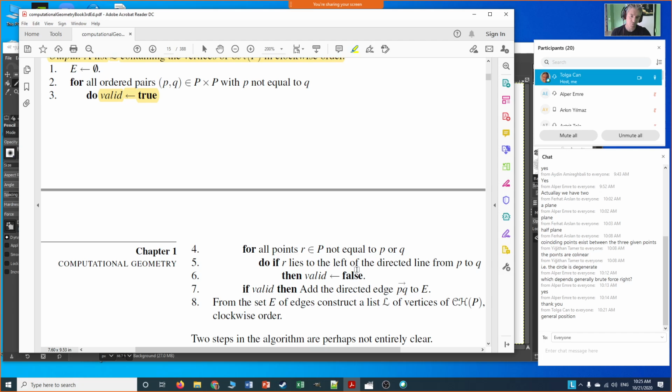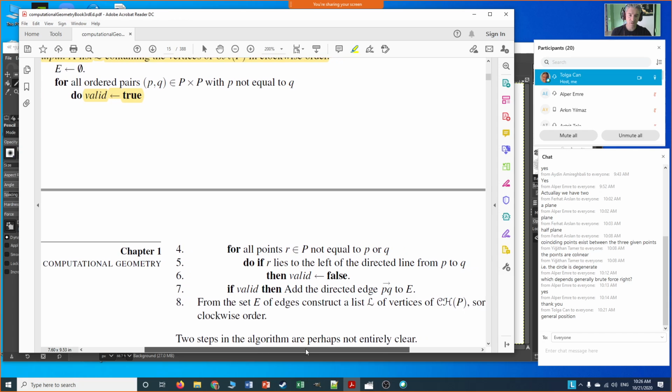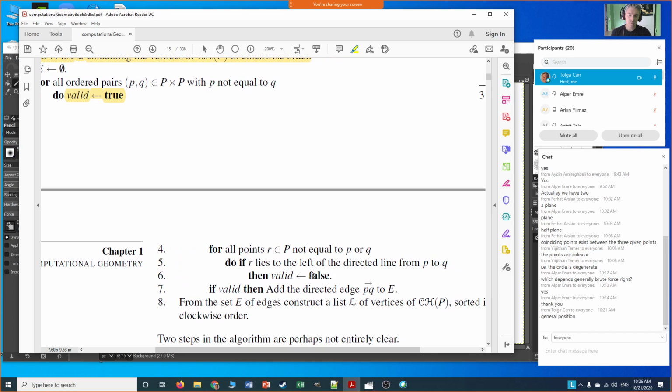If any one of them lies to the left of the directed line from P to Q, then valid becomes false. Otherwise, if there is no point to invalidate the directed edge PQ, then it must be a convex hull edge, and we add it to the set E.